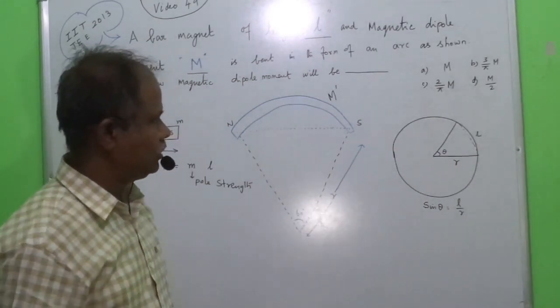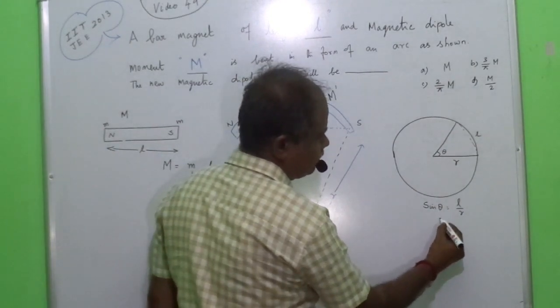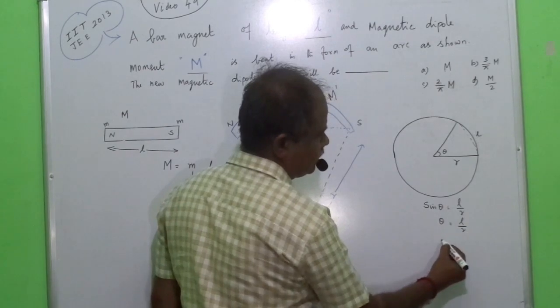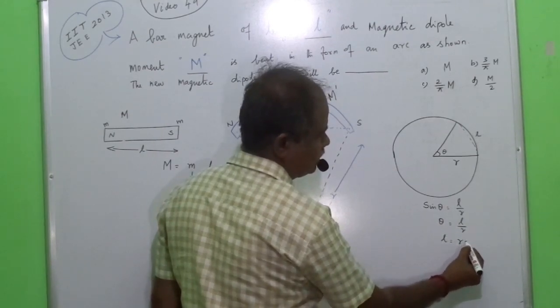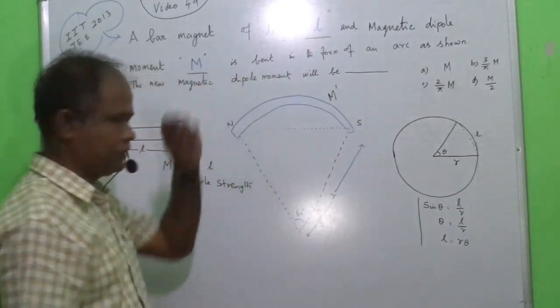If theta is small, sin theta can be written as theta, equal to L by R. Then L is equal to R theta. This concept is applied here.